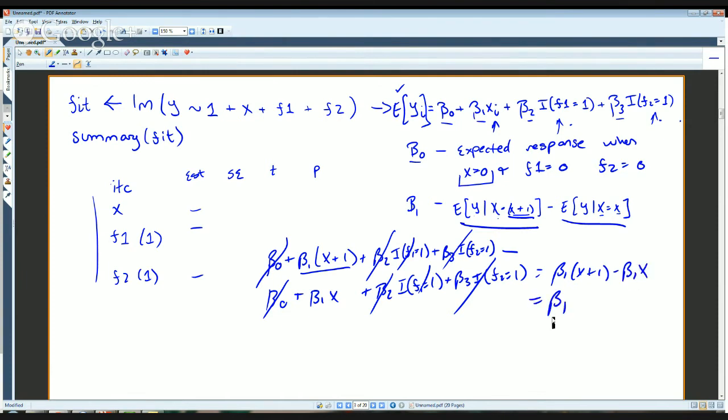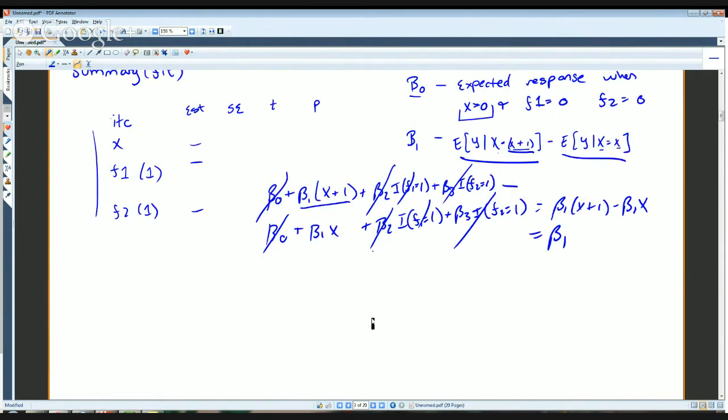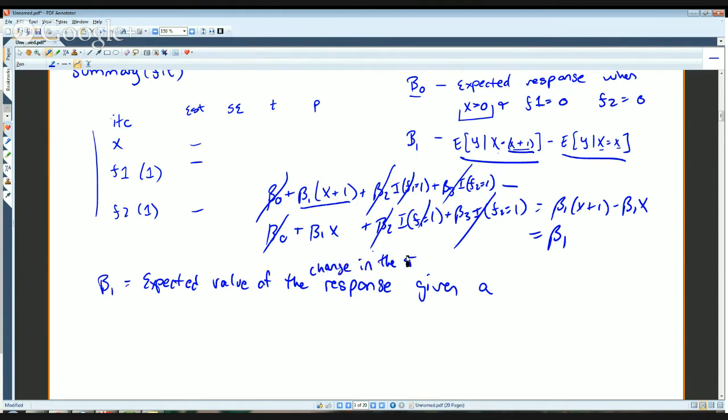So what is beta 1? Beta 1 is then the expected value of the change in the response given a 1-unit change in x, holding my first factor variable and my second factor variable constant.